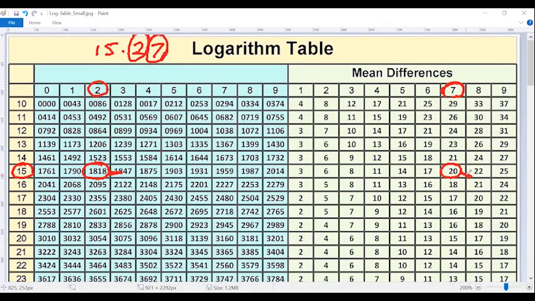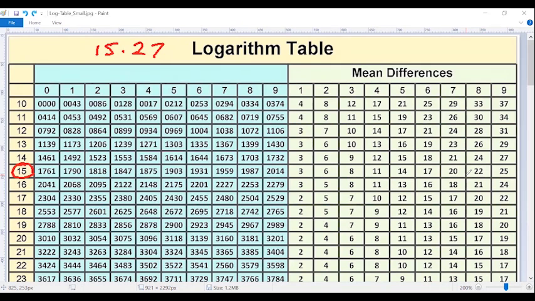Okay. What I'm saying is that if we want to obtain the log of 15.27, we will not talk about the decimal here. We will consider it as 1527. So when you are finding the log and referring to the log table, you don't bother about the decimal.